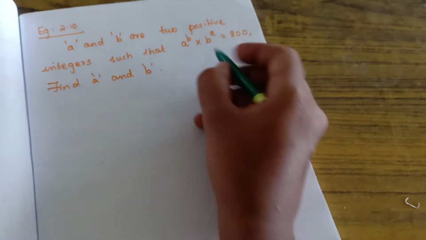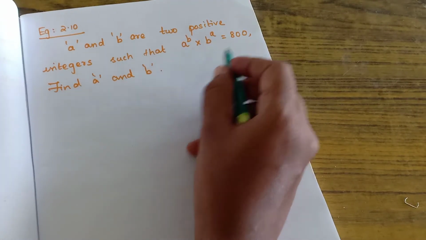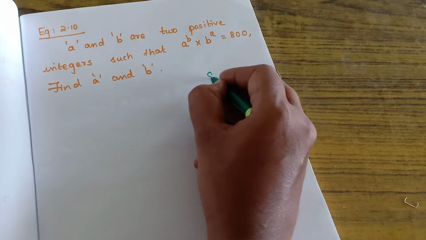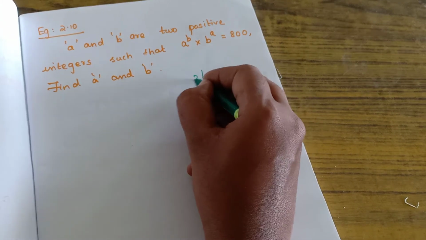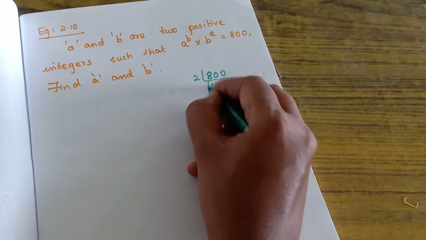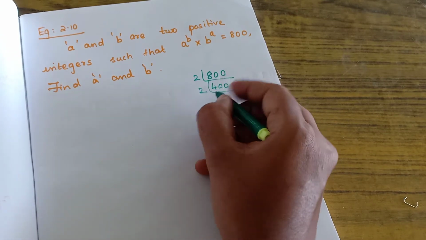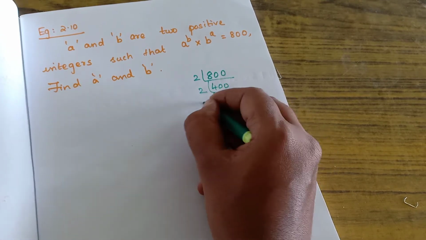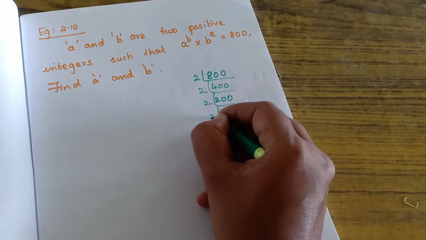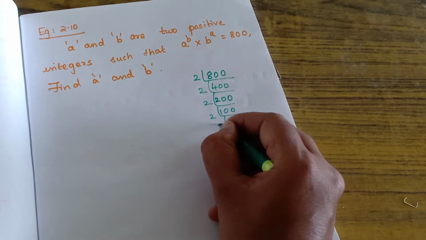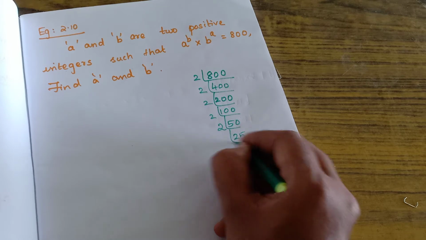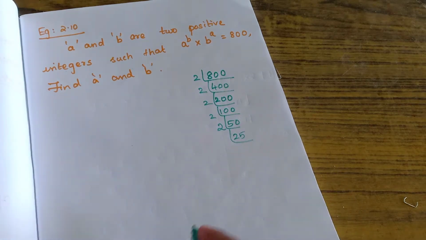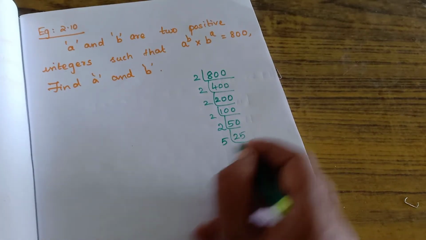First, we need to factorize this because it is a product. So we need to find the prime factorization. 800 can be factorized as 2 times 400, again 2 times 200, again 2 times 100, again 2 times 50, again 2 times 25. Again it is not possible for 2, we can check for 5: yes, 5 5s are 25.